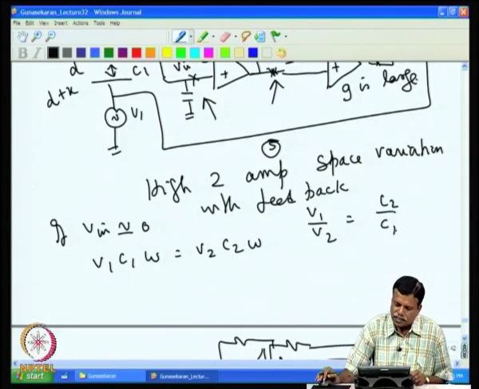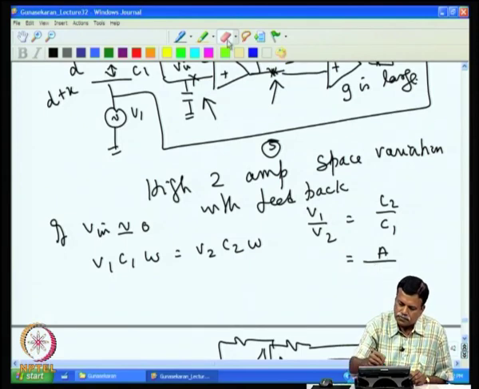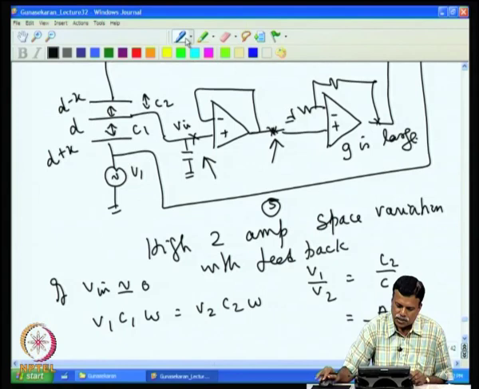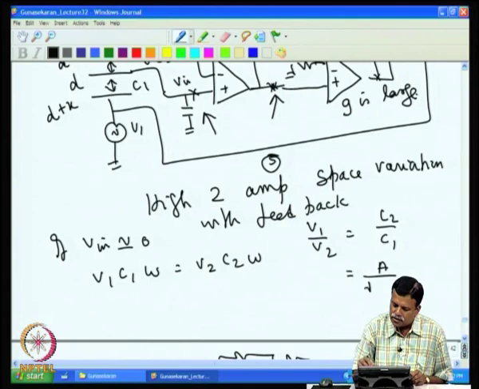But then if we write it in terms of d, C2 will be A by d plus x, and C1 is A by d minus x, so we have taken d minus x, then divided by A by d plus x.